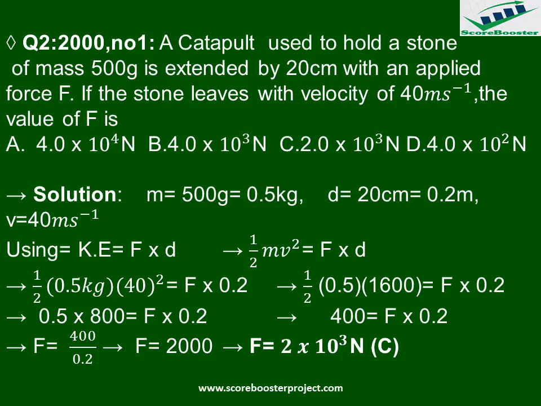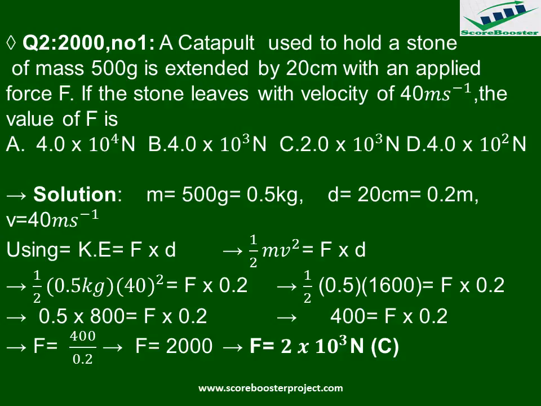Now to the solution. The first thing is to write out the given parameters, and from the question we are given mass m to be 500 gram. So we need to convert that to kilogram by dividing it by 1000. That will give us 0.5 kilogram.